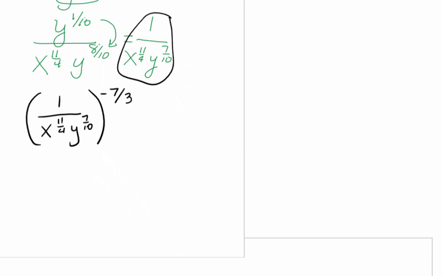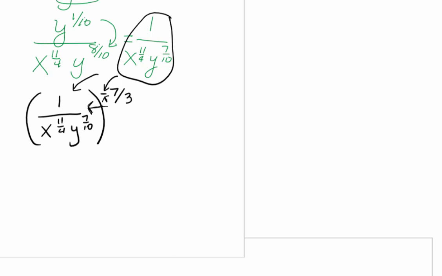And given that our base is a fraction, and that this outer exponent is negative, which means that we are going to take the reciprocal of this base. Let's do that right now. So again, a reminder, an outer negative exponent like this negative 7/3, we can rewrite the base with its reciprocal, which basically means flip it.